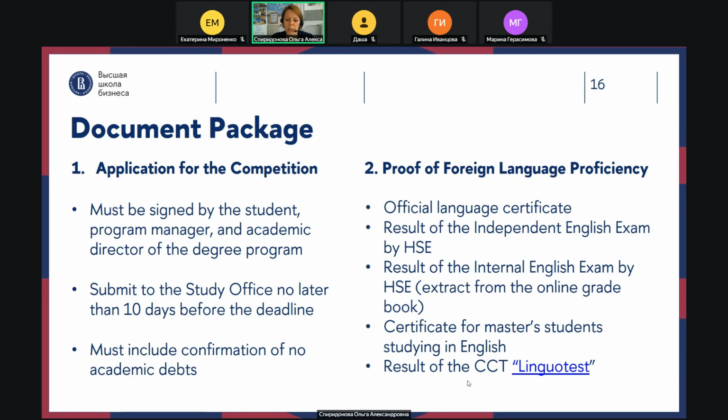Or you can pass the Lingua test. We also accept it, but please do it beforehand because it takes some time to get the results.